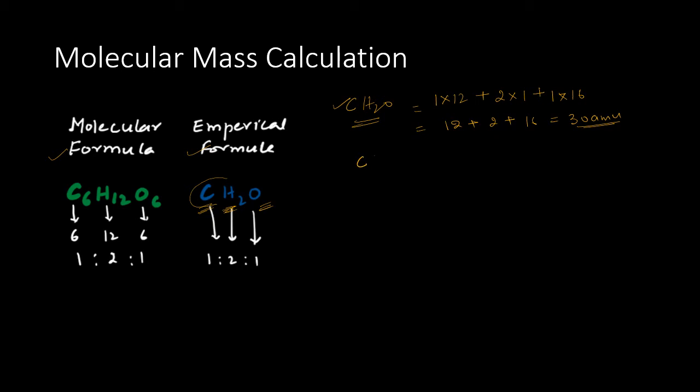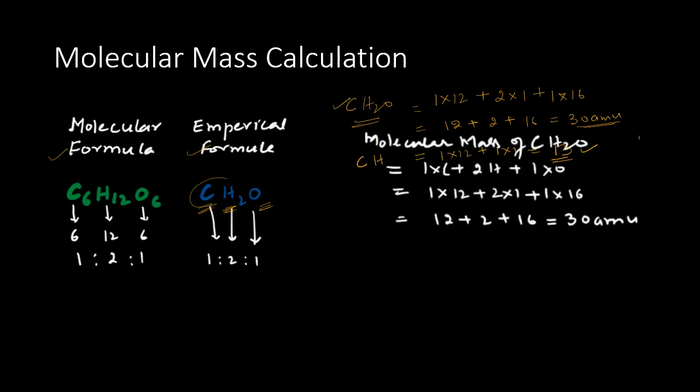If we take the formula like this, for this 1 into 12 plus 1 into 1, it will come 12 plus 1, 13. So finally the mass of CH2O is 30 AMU, which we have calculated over here.